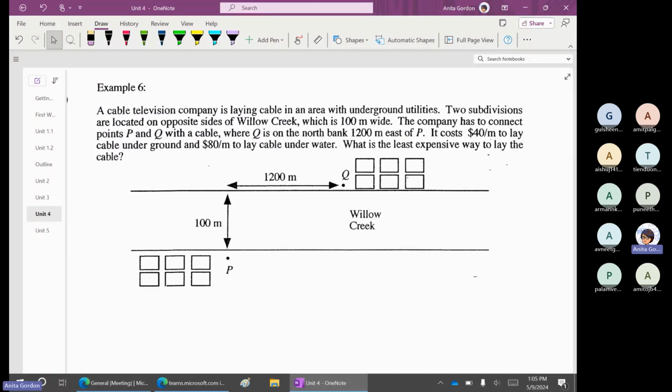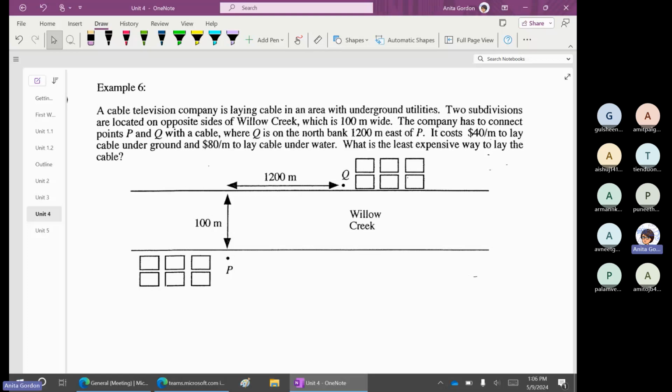The company has to connect points P and Q with cable, where Q is on the north bank 1,200 meters east of P, and it costs $40 a meter to lay the cable underground and $80 per meter to lay the cable underwater. What is the least expensive way to lay the cable and connect the two?